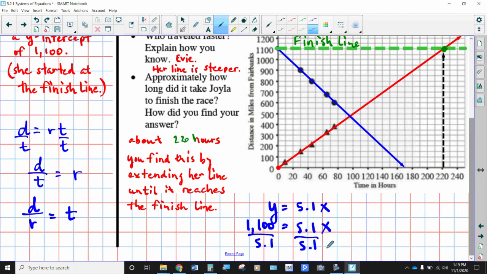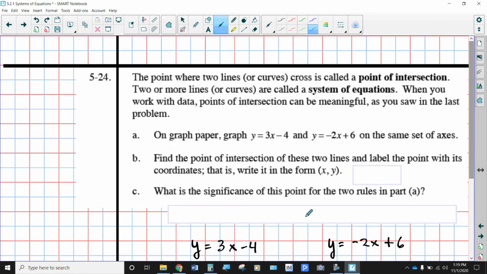I'm saying it's closer to 215, but that was a rounded off average rate of speed. So it would be 220 if her average rate of speed was 5 miles per hour, if we rounded it down. So anywhere from 210 to 230, somewhere in there should be her time to finish this particular race based on the information on the graph.